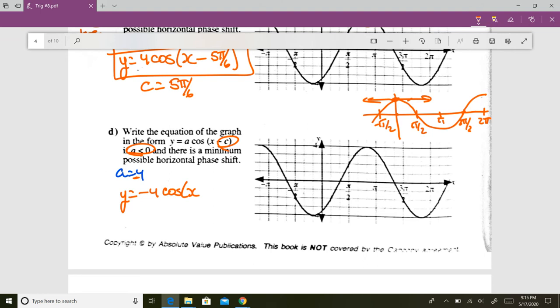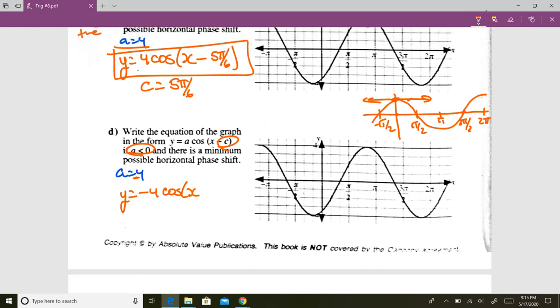Find our c. Well, if you take your cos graph right up here and you do negative, so this is cos of x. If I sketch negative cos of x, this max flips to a min, and you get this. Okay? And this would be pi over 2, 3 pi over 2, 2 pi.